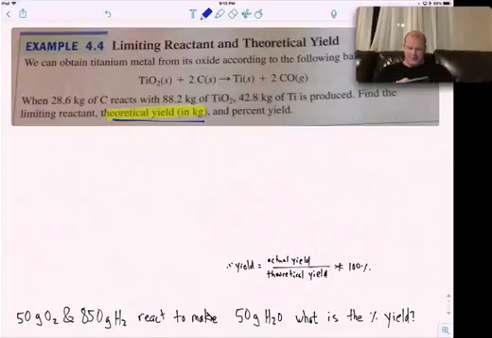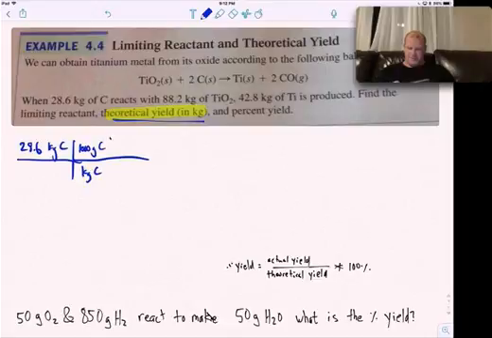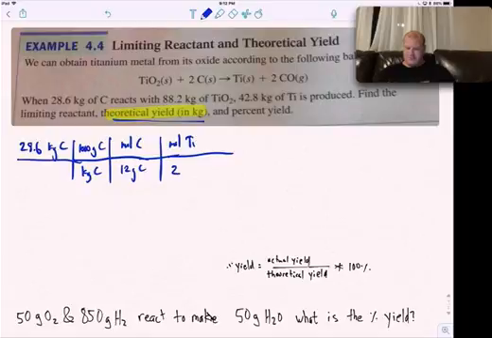So we have 28.6 kilogram carbon, 1,000 grams carbon per kilogram carbon, mole carbon to 12 grams carbon, and we have mole titanium to 2 moles carbon. And what is the molecular weight of titanium?